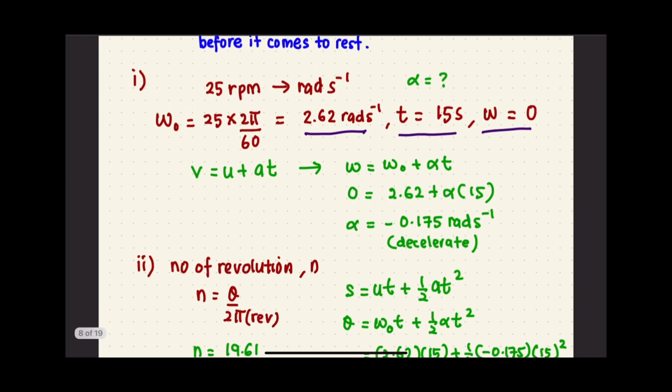Substitute the values to determine alpha. Take this relation, V is equal to U plus AT, changed to the rotation equation: omega is equal to omega naught plus alpha T. So omega is 0, omega naught is 2.62, plus alpha times 15. Okay, so we get negative 0.175 radian per second square. Okay, second square, here I made a mistake, so correcting it. So it is decelerating.